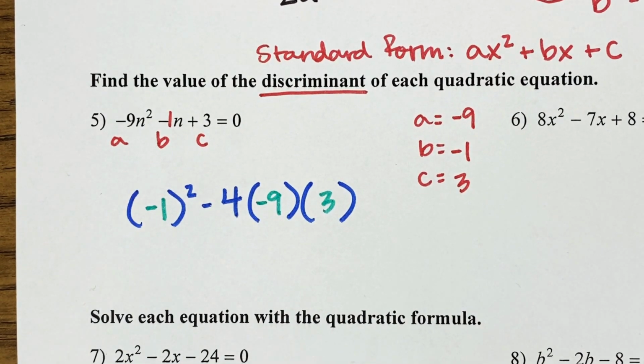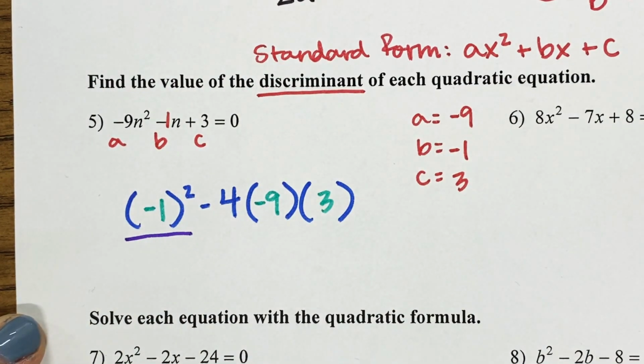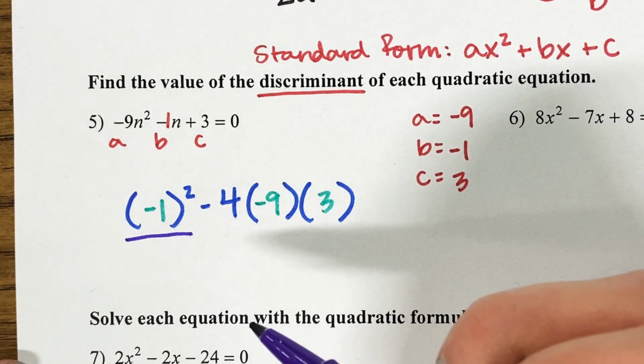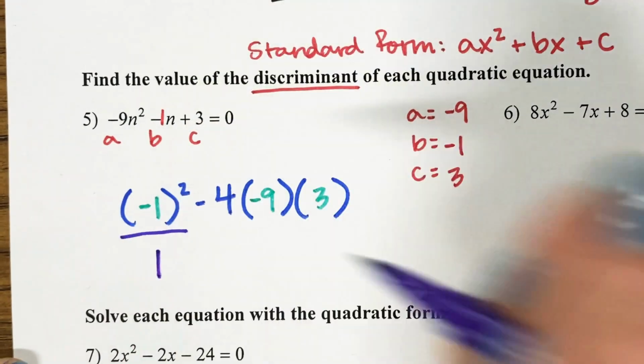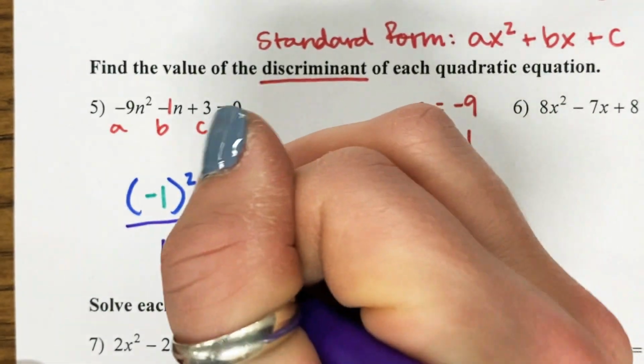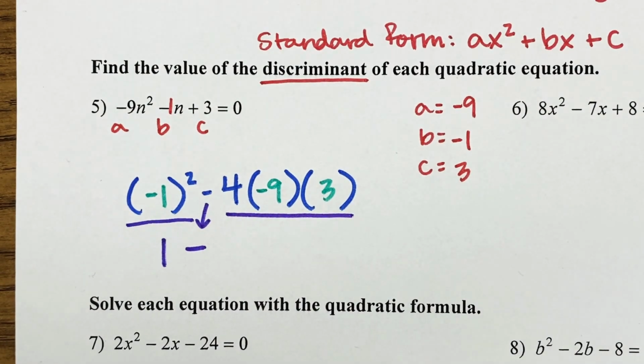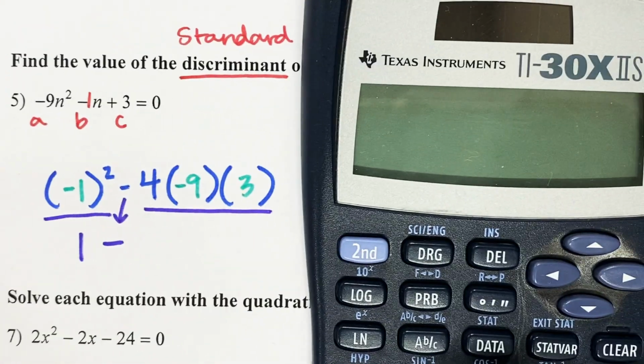Now we can go ahead and solve for it. I have my first piece, which is negative 1 squared. Negative 1 times negative 1 gives me a positive 1. Remember, a negative times a negative gives me a positive. It's going to subtract my next piece, and I'm going to do this in a calculator. You're more than welcome to as well.